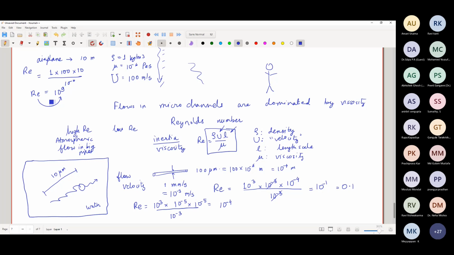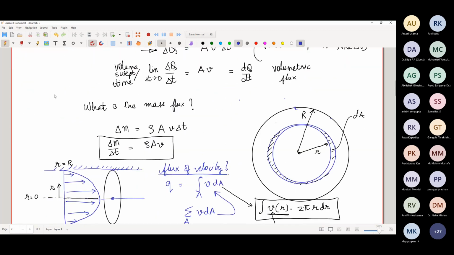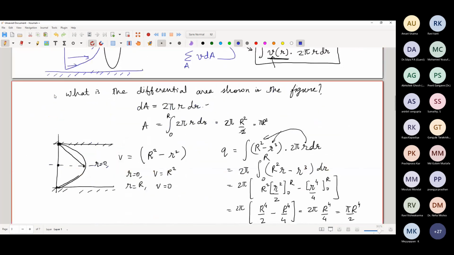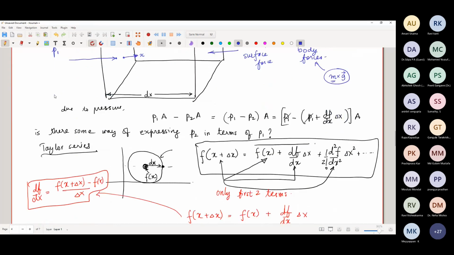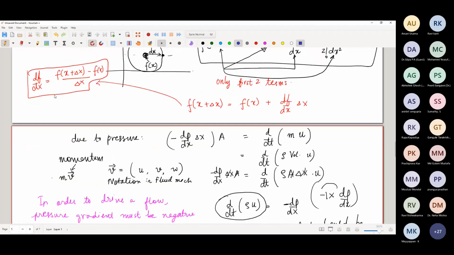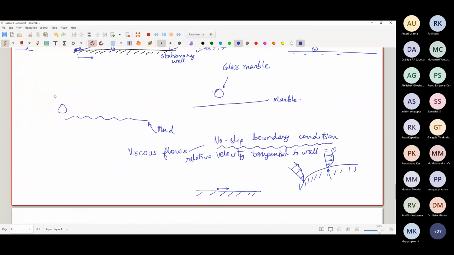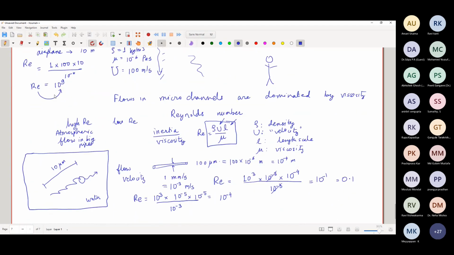Okay, so we'll take a 5-minute break. But so far, what have we studied? We have studied the flux of velocity, the flux of mass. Then we have looked at how pressure is able to exert force on the fluid, and we are able to see the no-slip boundary condition and the important concept of Reynolds number.